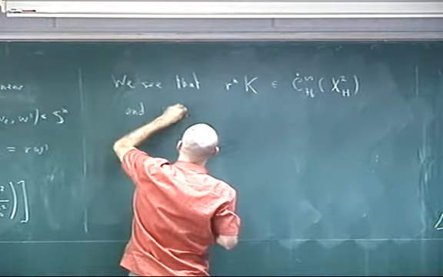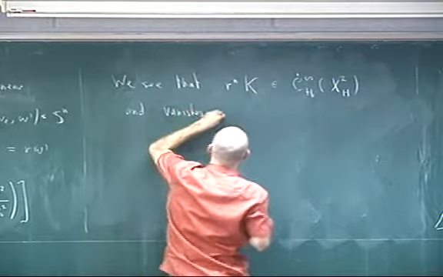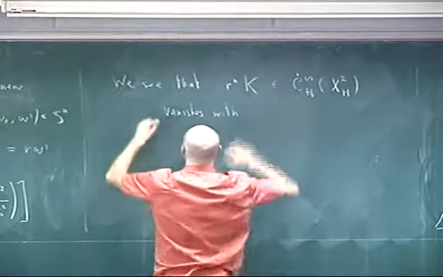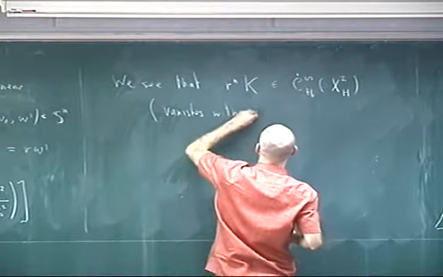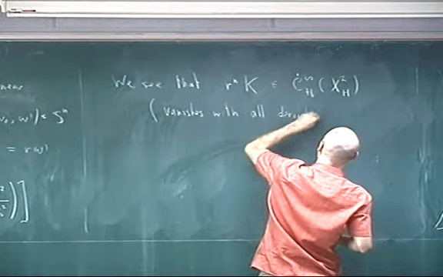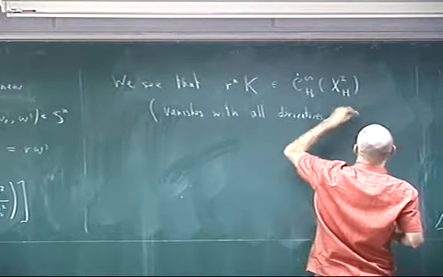The notation, the dot with the TB, means that it vanishes with all derivatives at the face TB.